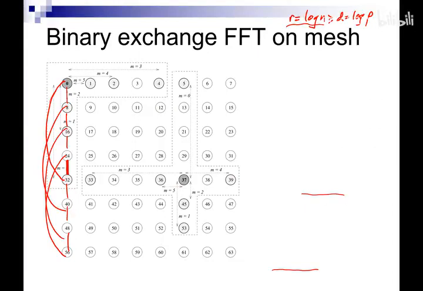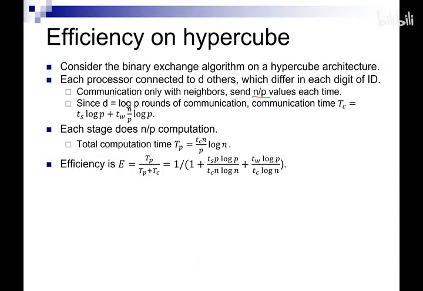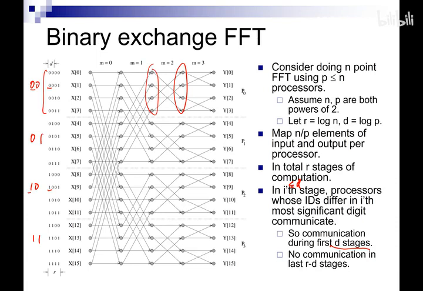You need to do a linear amount of communication in each stage, because you need to take all this data and send it to another processor. So there's a linear amount of communication in each stage, and the mesh cannot keep up because it only has root p amount of bandwidth between the two halves of the mesh.